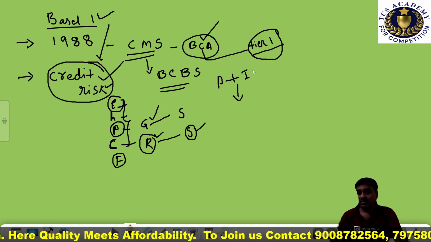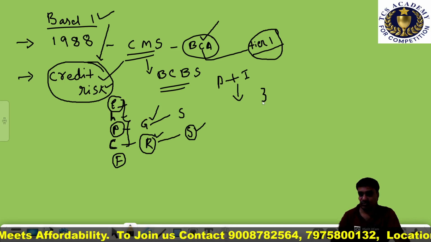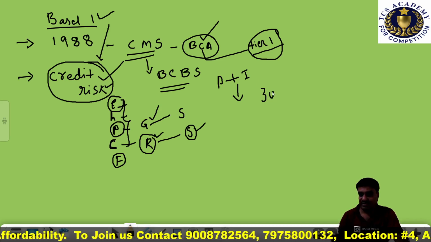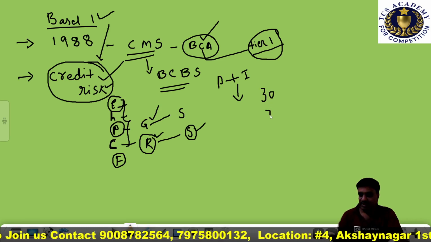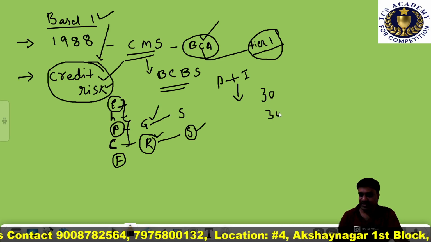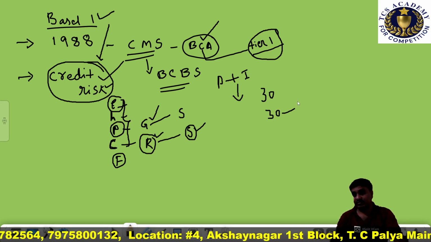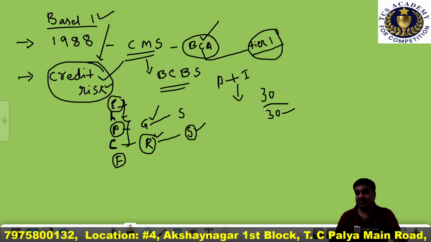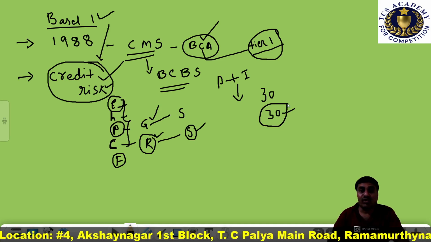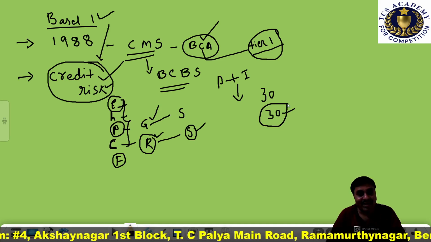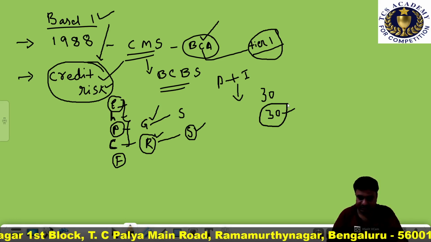If out of 60 crores, 30 crores is given against securities and the remaining 30 crores is given without accepting any securities, there is a chance of the banker incurring loss if there is a borrower's default in making the payment, both principal as well as interest. Clear?